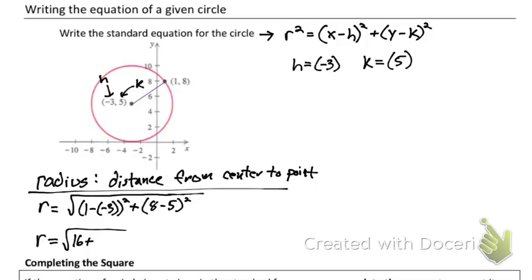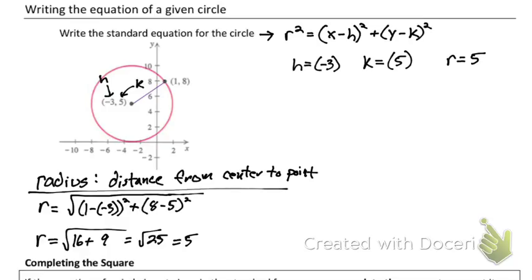Plus 8 minus 5 is 3. 3 squared is 9. Equals the square root of 25, which equals 5. So I have h equals -3, k equals 5, and r equals 5 as well. The only work I had to do was calculate r. The h and k were given to me in this problem.